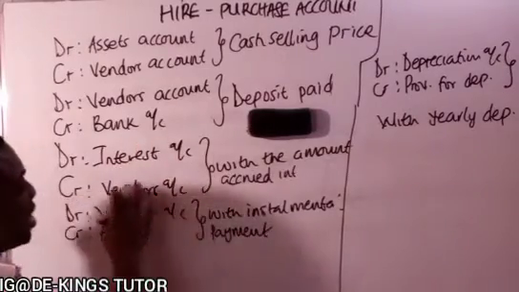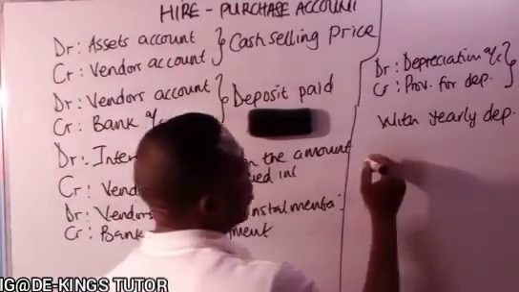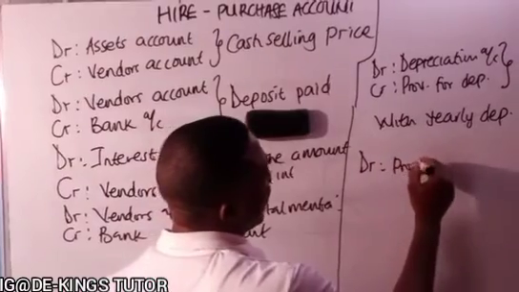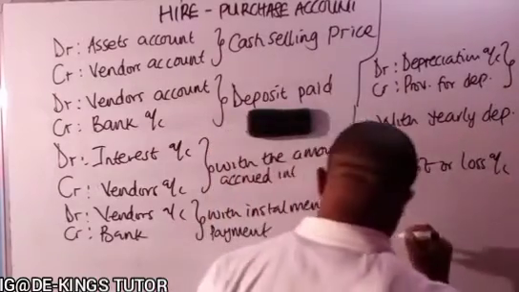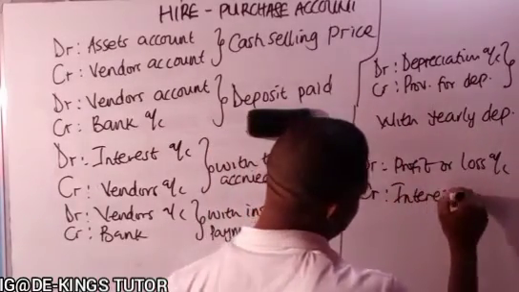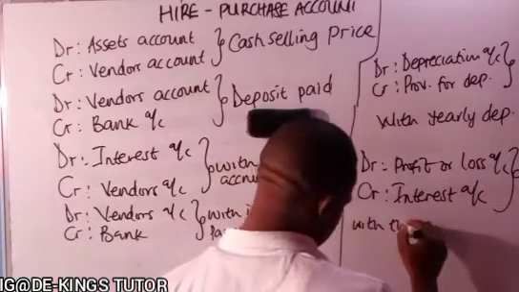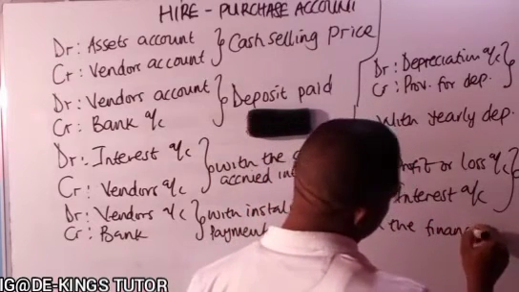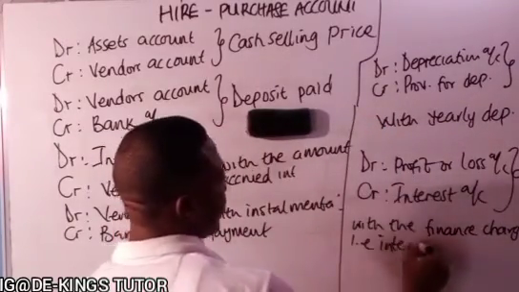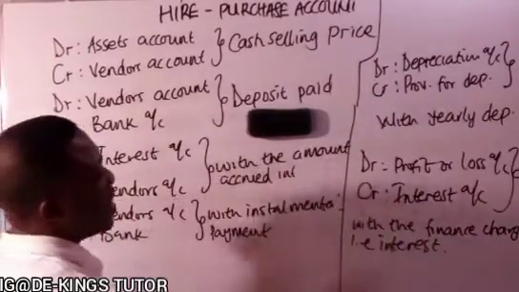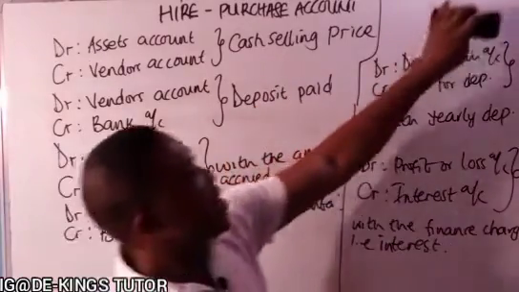Now the interest that was paid, we'll call it the finance charge, will be transferred to the debit side of the profit or loss account, while the corresponding credit entry will be at the interest account, and this is with the finance charge, that is the interest. Okay, so this is basically the accounting entries that are required.